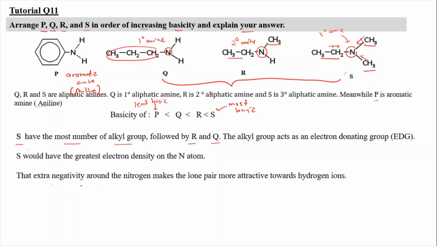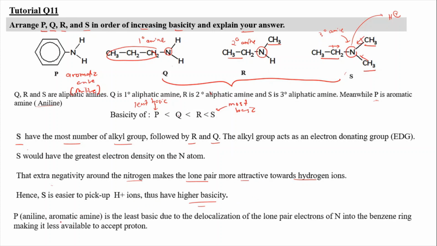So the extra negativity around the nitrogen makes the lone pair more attractive towards the hydrogen ion. So when it is more negative, it is easier to take up hydrogen. And when it is easier to take up hydrogen, it means that it's going to have a higher basicity. And the aniline here, which is P, is the least basic due to the delocalization of the lone pair of the nitrogen in the benzene ring, which makes it less available to accept a proton.